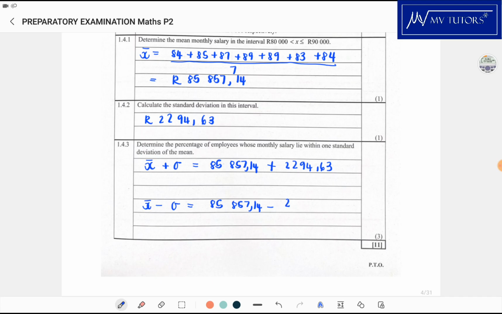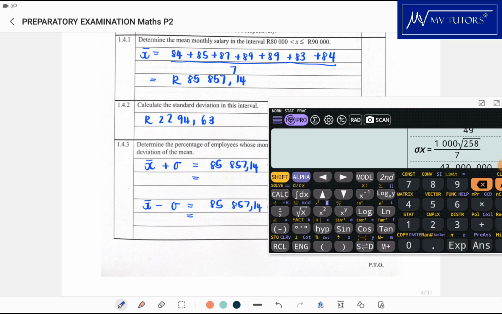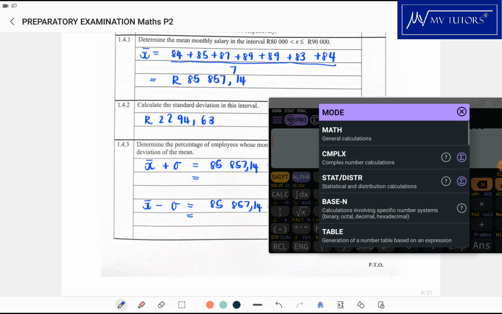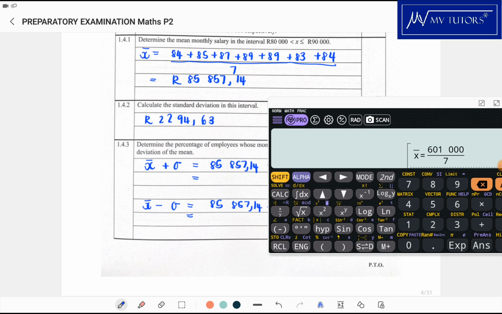2,294.63. So what is our answer? I'm just going to go back to the normal mode because wow, this one is showing me flames.